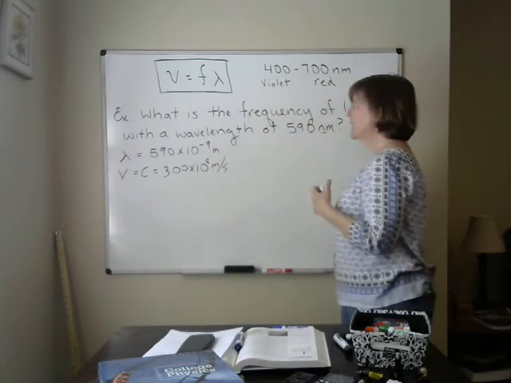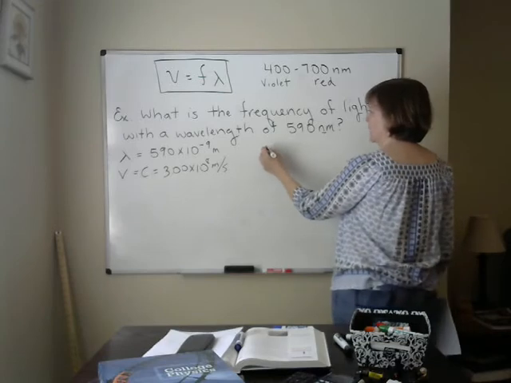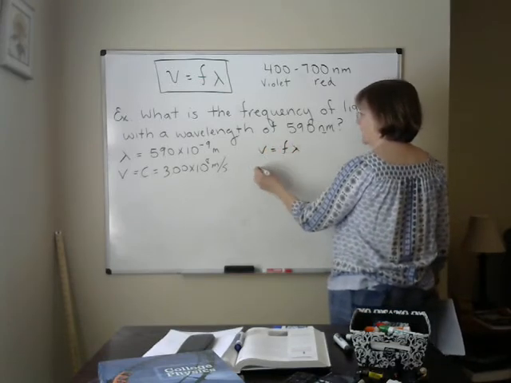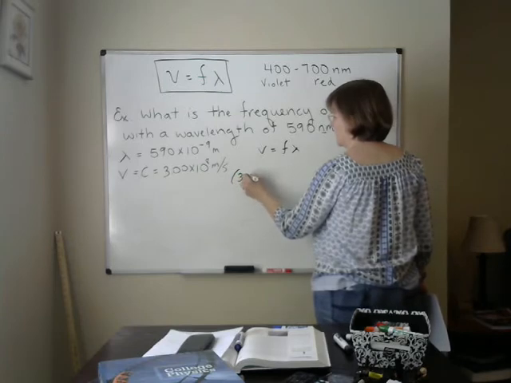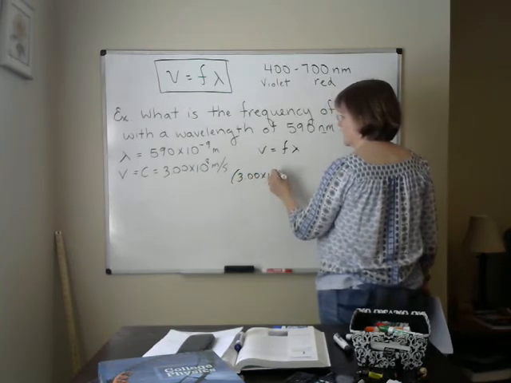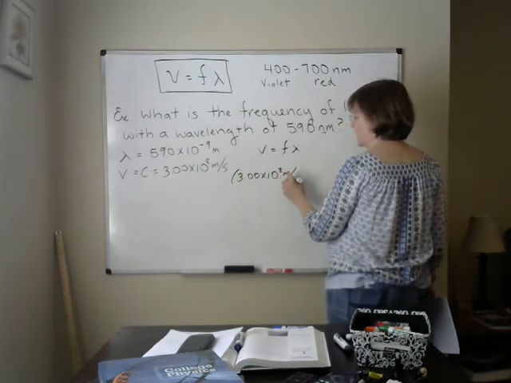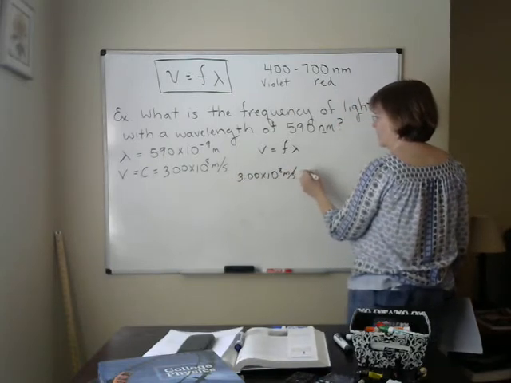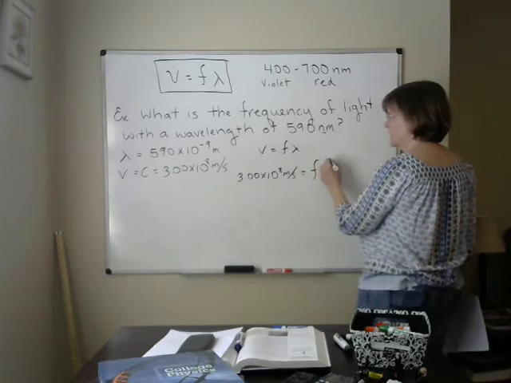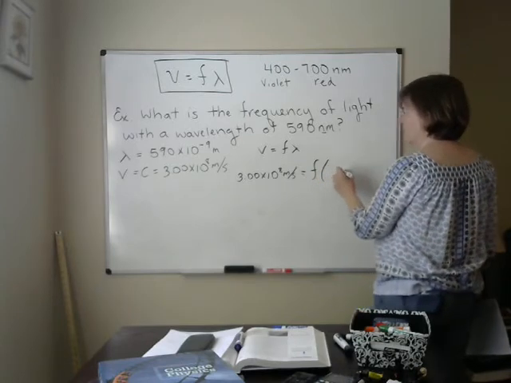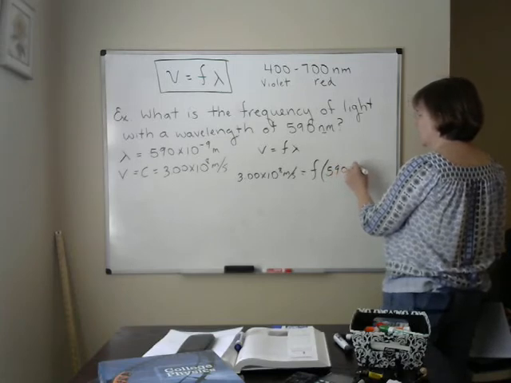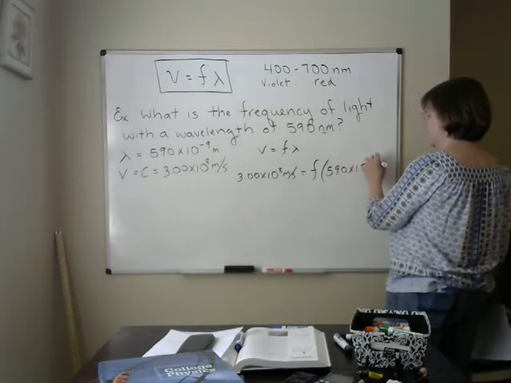So if we use our formula v equals f lambda, we get the speed of light, 3.00 times 10 to the 8th meters per second, equals the frequency times the wavelength. The wavelength is 590 times 10 to the negative 9.